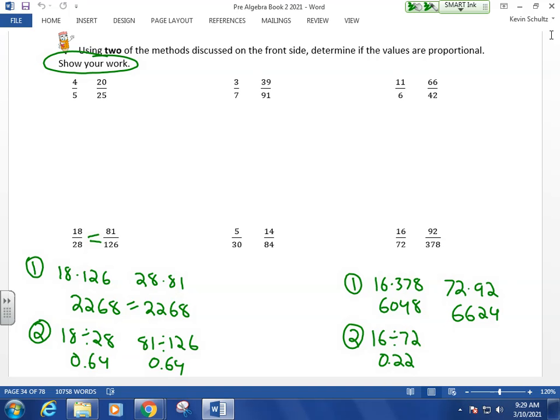Just round that to 0.22. And 92 divided by 378 is 0.24 when rounded to the nearest hundredth. Those are not equivalent decimals. Therefore, these rates, these fractions, are not equal.